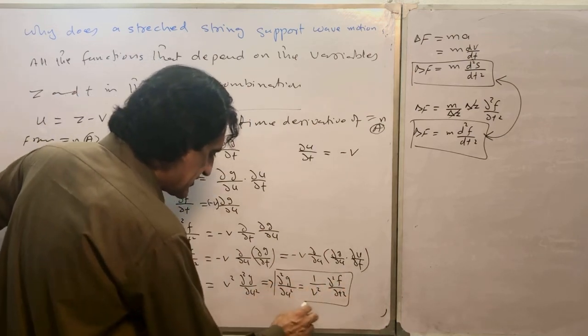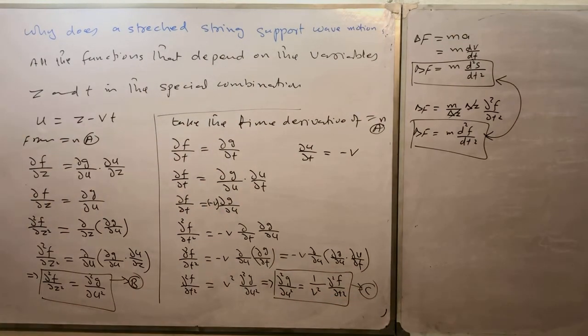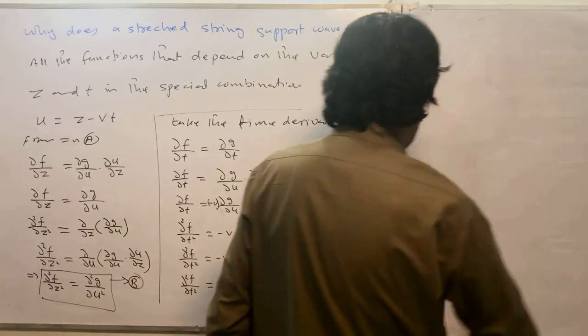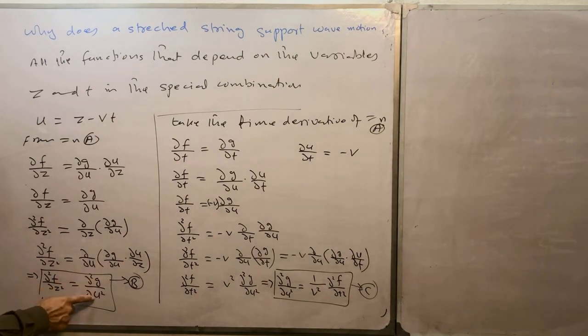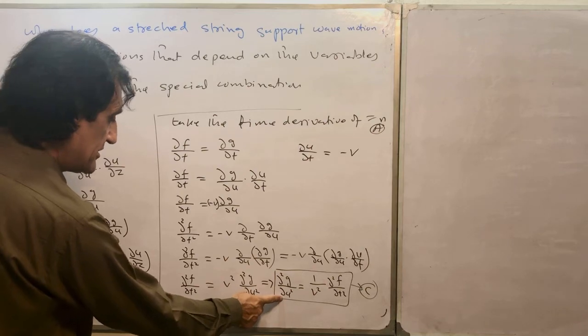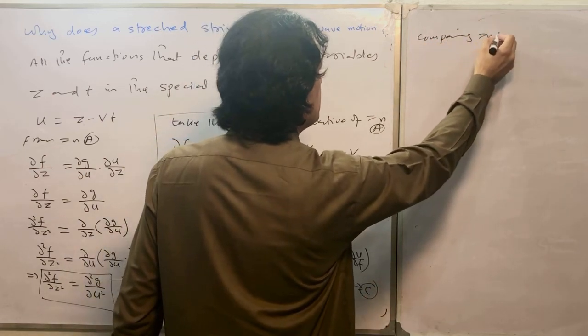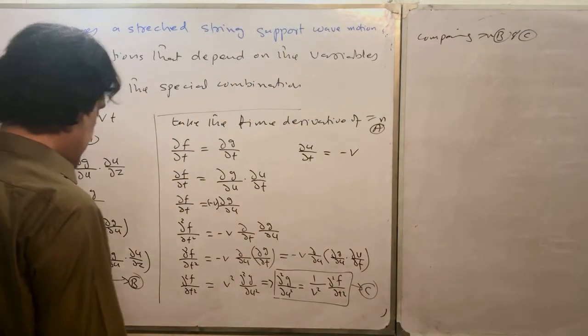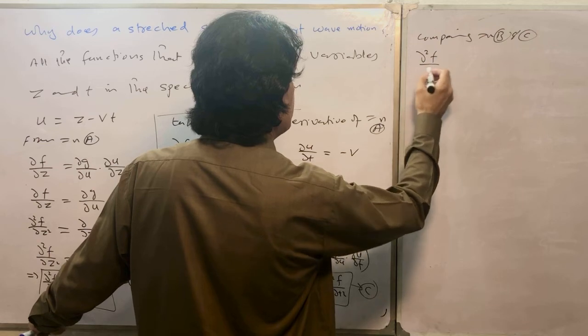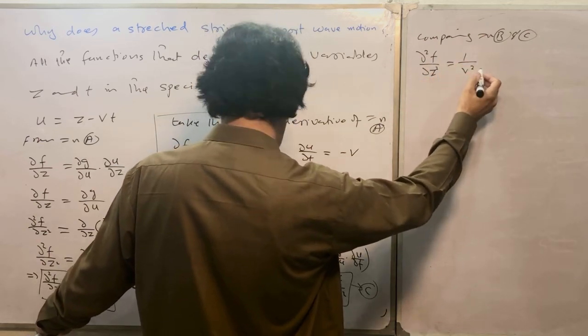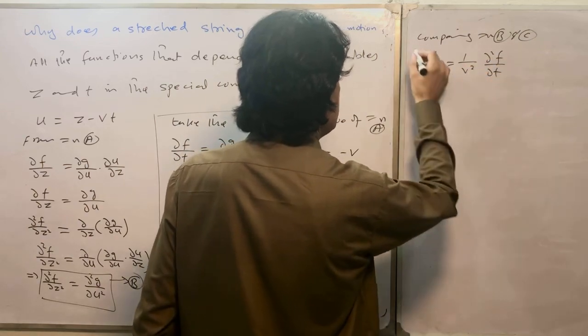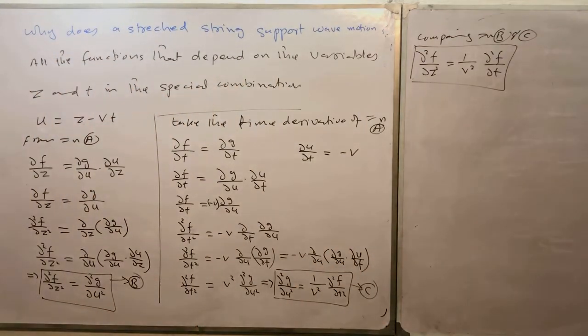And now I call this equation C. Comparing equations B and C, it is clear from these two equations, because both are partial square g divided by partial u square, that we can get partial square f divided by partial z square equal to 1 over v square, partial square f divided by partial t square. And this is again the wave equation.